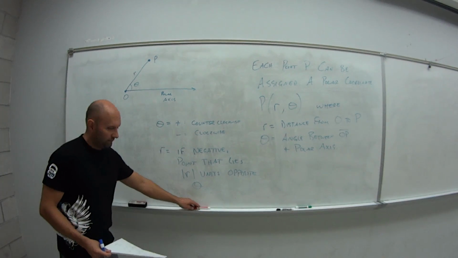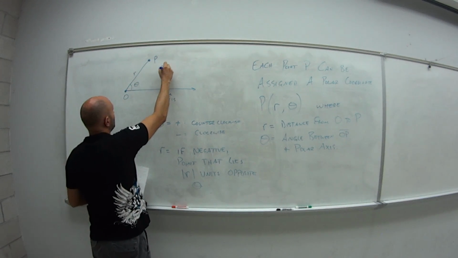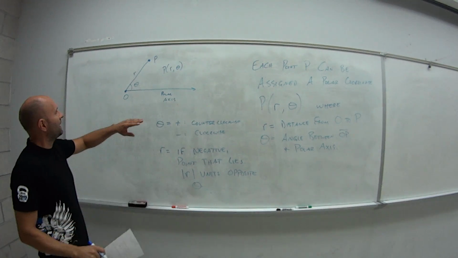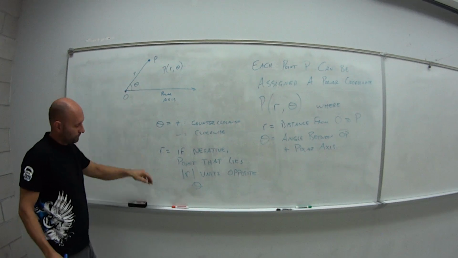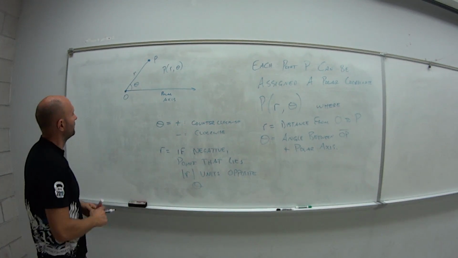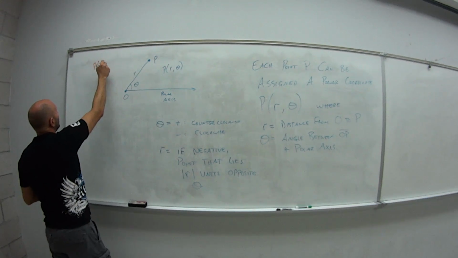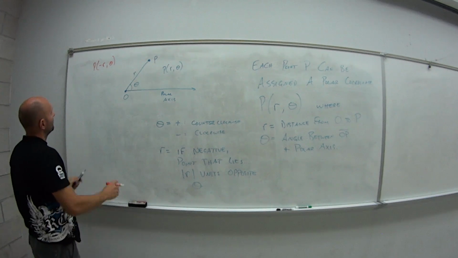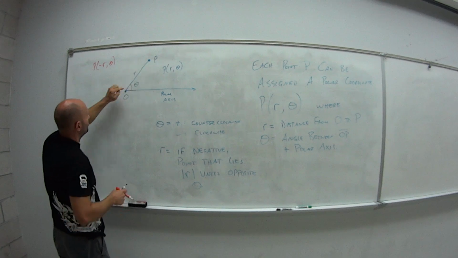So what this means is, this point here would have values P equals r, theta. Distance of r, angle of theta. If I was told to plot where is P equals minus r, theta, well, the first thing I'm going to do is move the direction of theta, which puts me in line with this blue line.